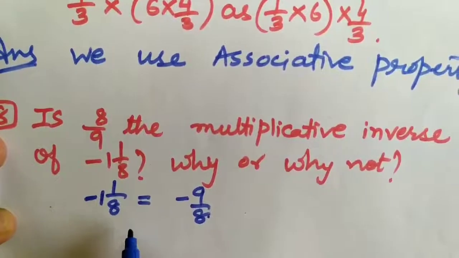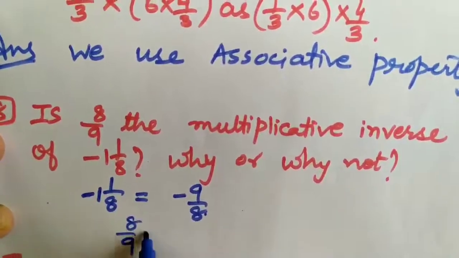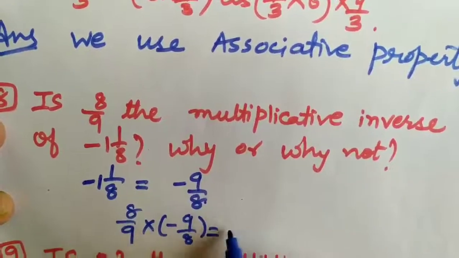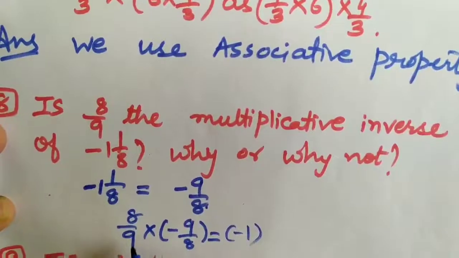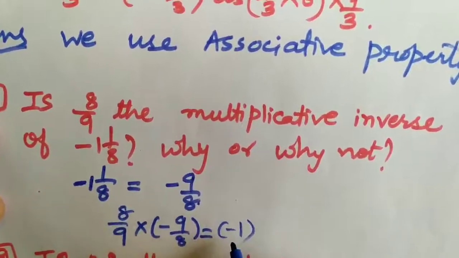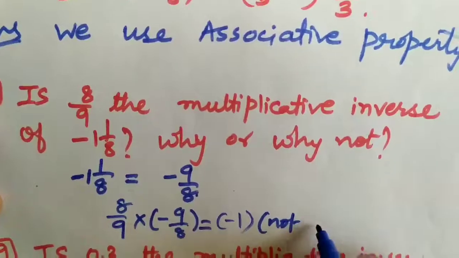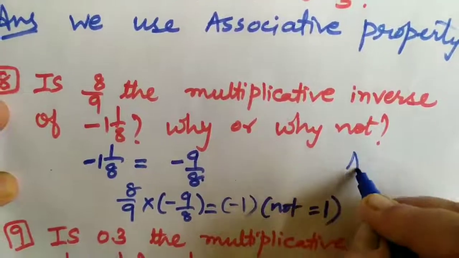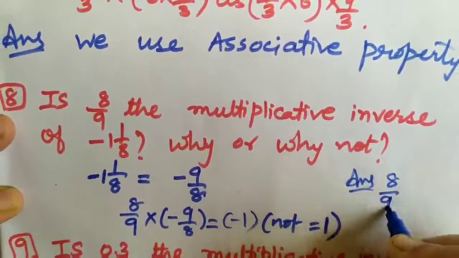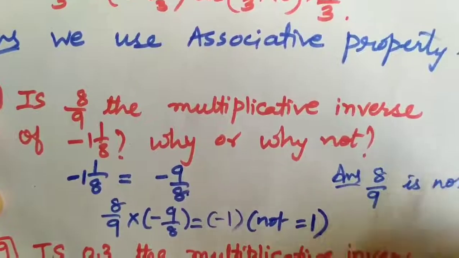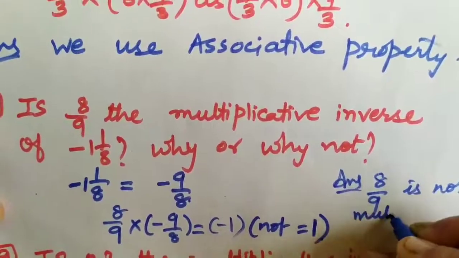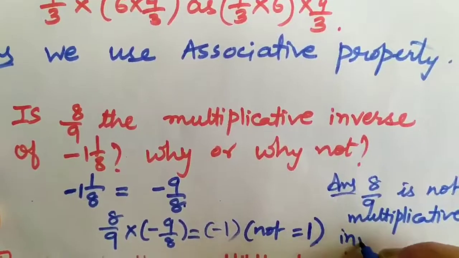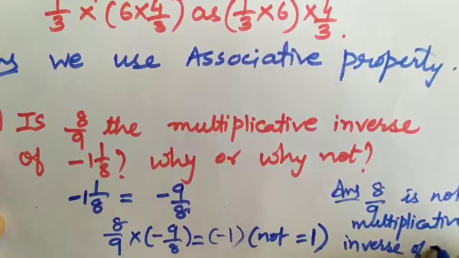So if we multiply both, 8 upon 9 into minus 9 upon 8, we are getting minus 1. 8 8 will be cut, 9 9 will be cut. So the answer is minus 1, which is not equal to 1. So 8 upon 9 is not the multiplicative inverse of minus 9 upon 8.